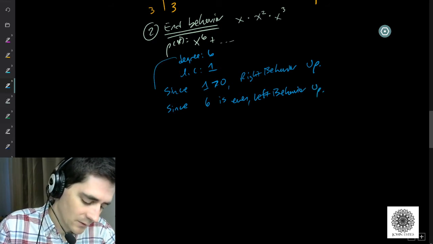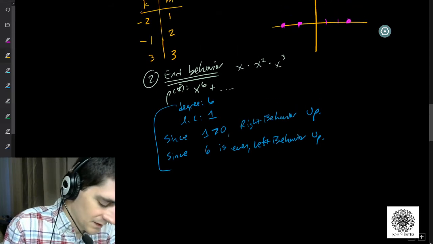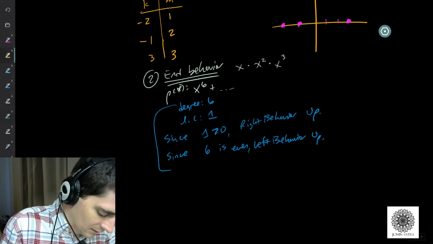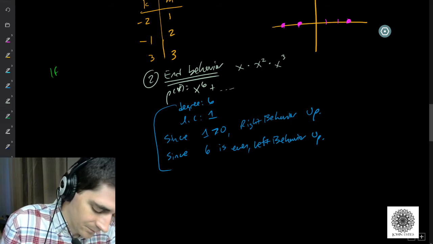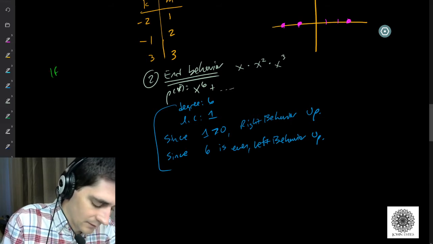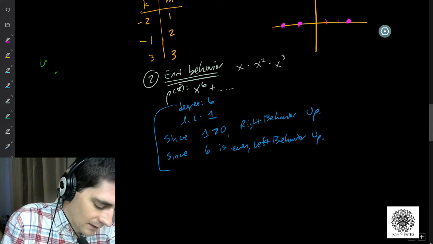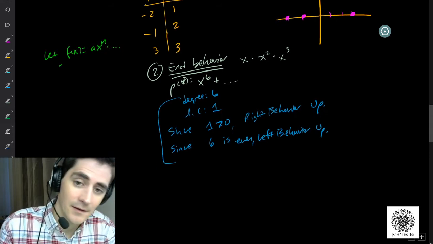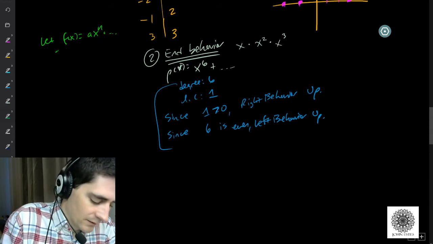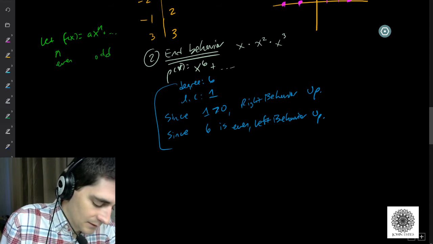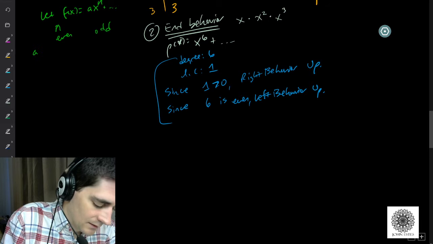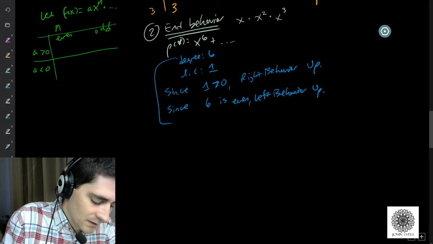Okay, and so if you want me to summarize that, where we're getting these ideas, here it is. Let f of x be a x to the n plus some stuff. Okay. Now here's how it works. If n is either even or odd, and a is either positive or negative, that alone will determine the behavior.